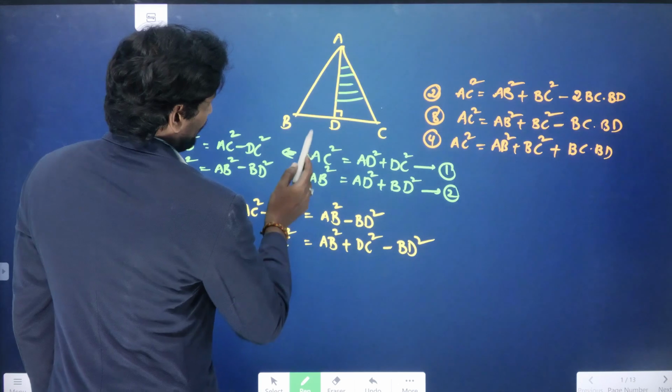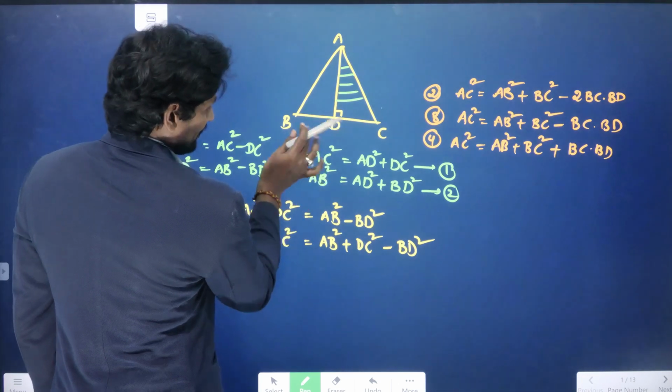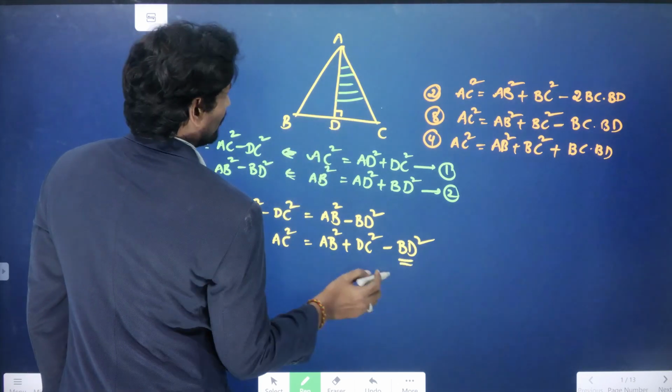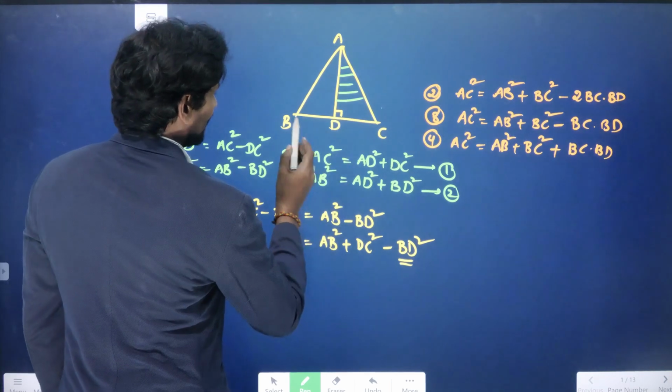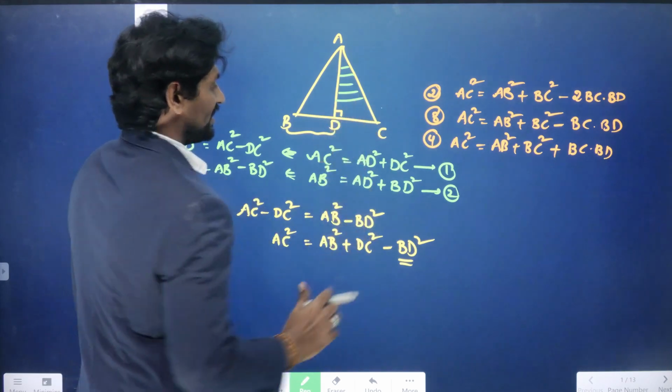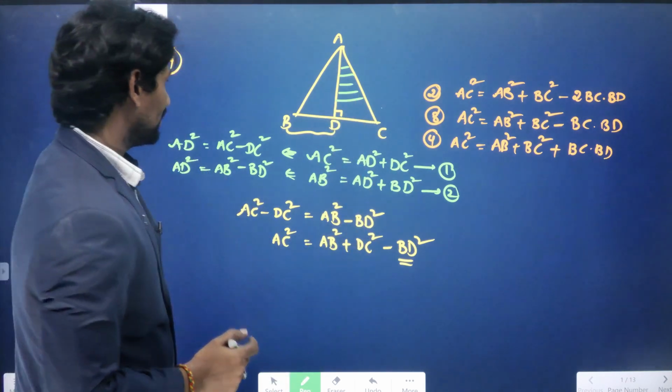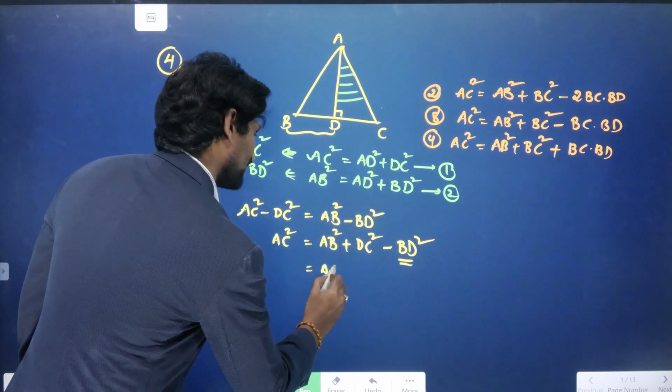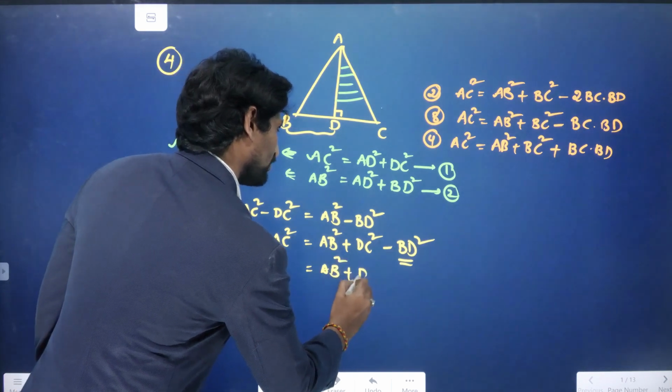BD we can write as BC minus DC. Can we write that? Yes. Now I am writing AB square plus DC square as it is.